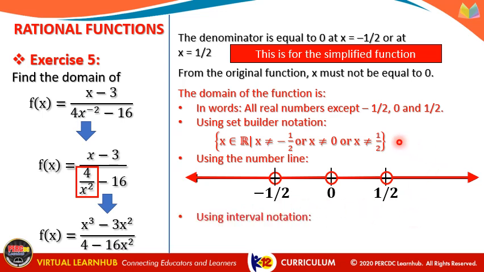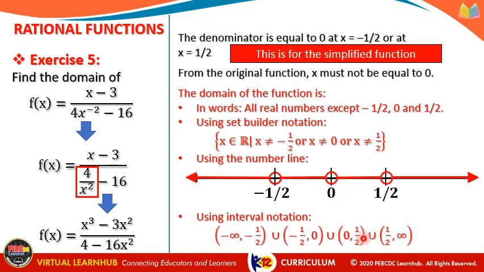Lastly, in terms of the interval notation, so ilang intervals na ngayon? 4 na. From numbers approaching negative infinity up to negative 1/2. Kaya lang yung negative 1/2 hindi kasama, kaya parenthesis. And then, magmula negative 1/2 to 0, hindi kasama ang dalawa, kaya parenthesis.